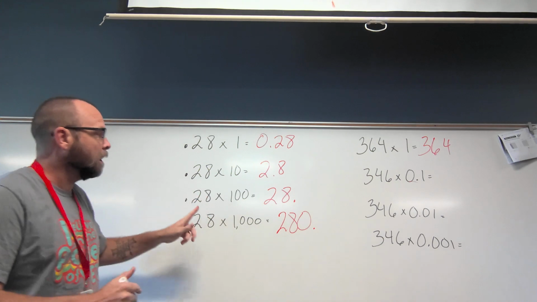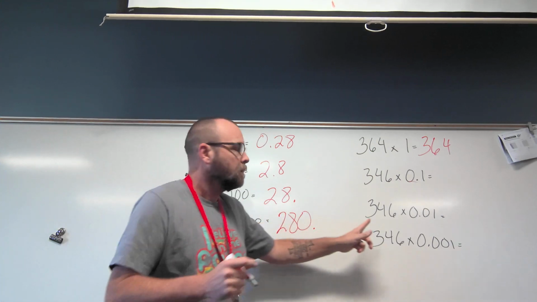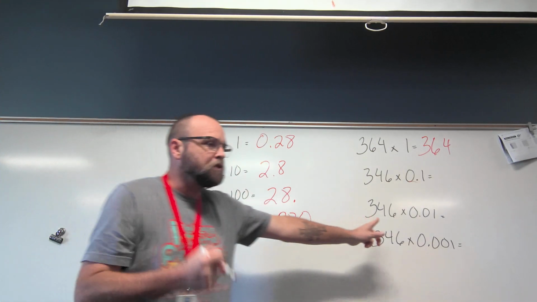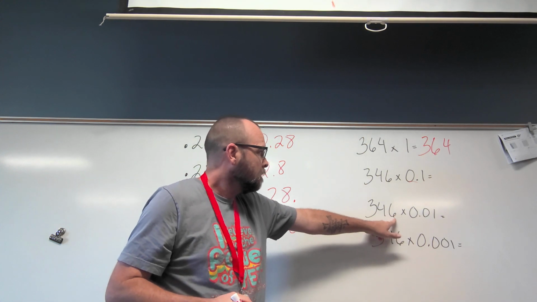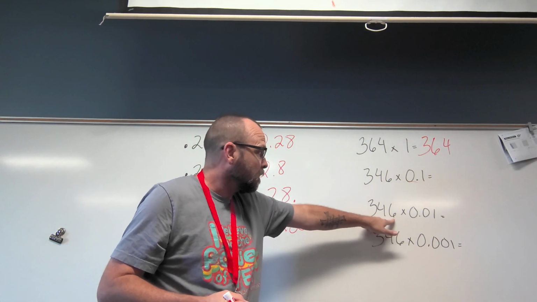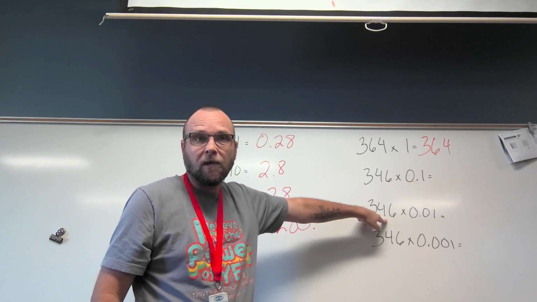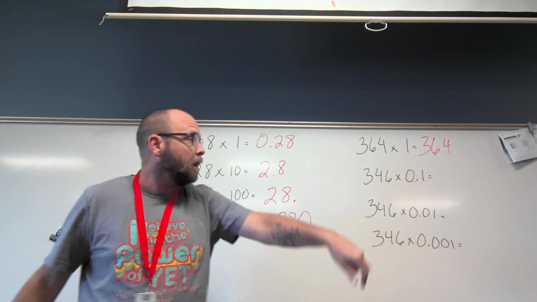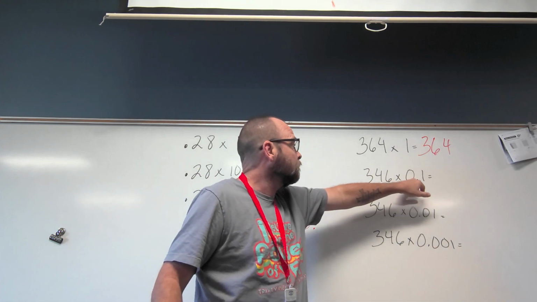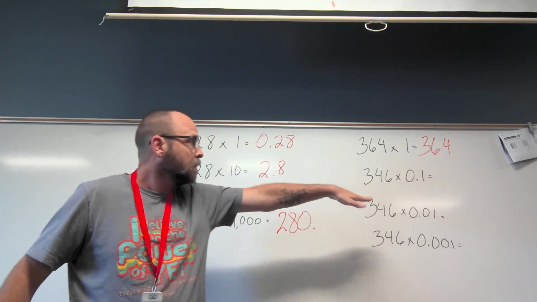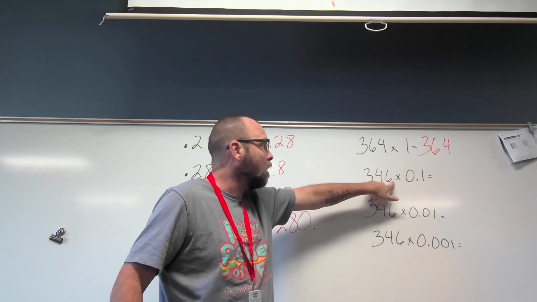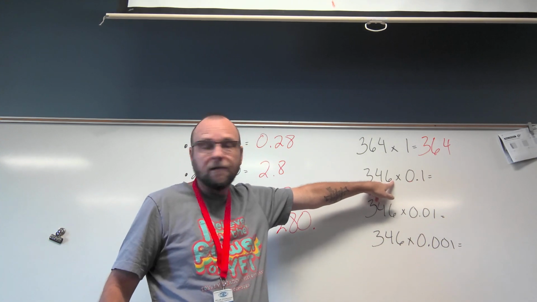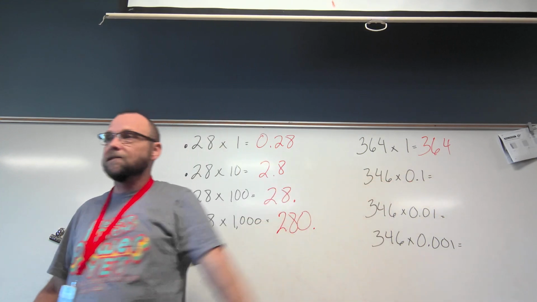As we go to the left, each place value is 10 times greater. So a 6 in the ones place, if the 6 were in the tens place, it's 10 times greater. The opposite is when we're multiplying by a power of 10 that is less than 1. Now we're making them 10 times smaller. So a 6 in the ones place, making it a 6 in the tenths place.